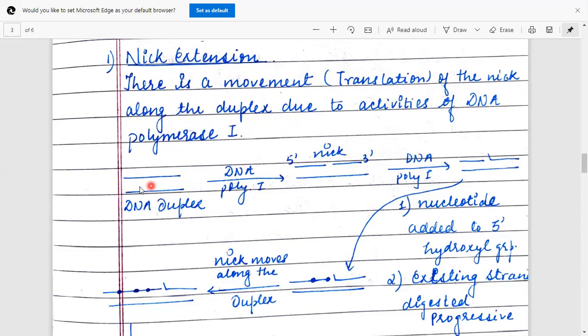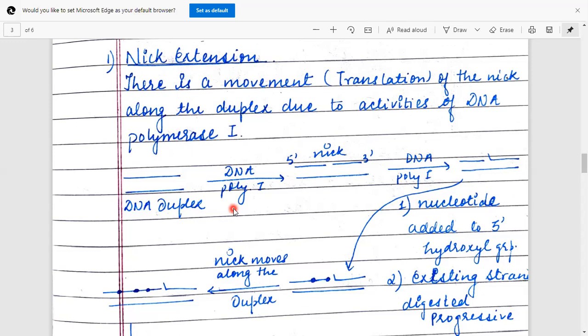So here we can see this is the DNA duplex which we are interested in labeling in between. The DNA polymerase, or DNase, will be making the Nick.